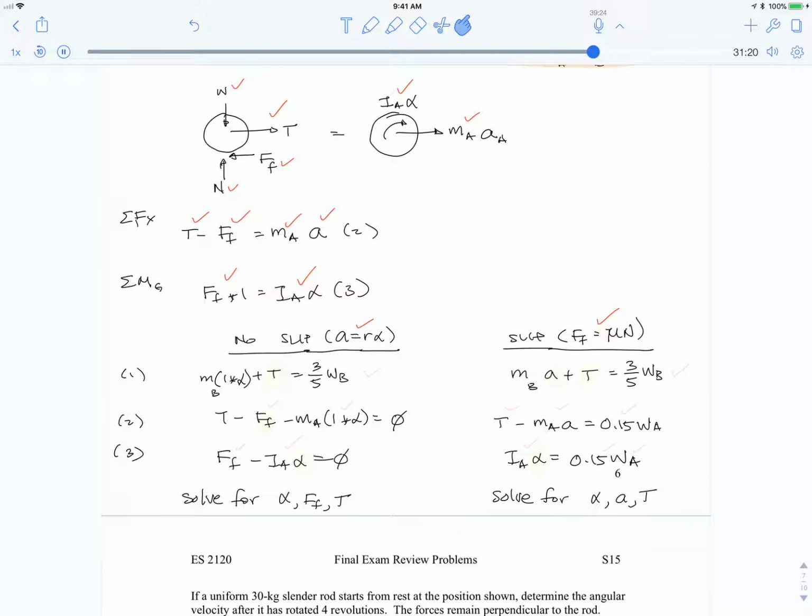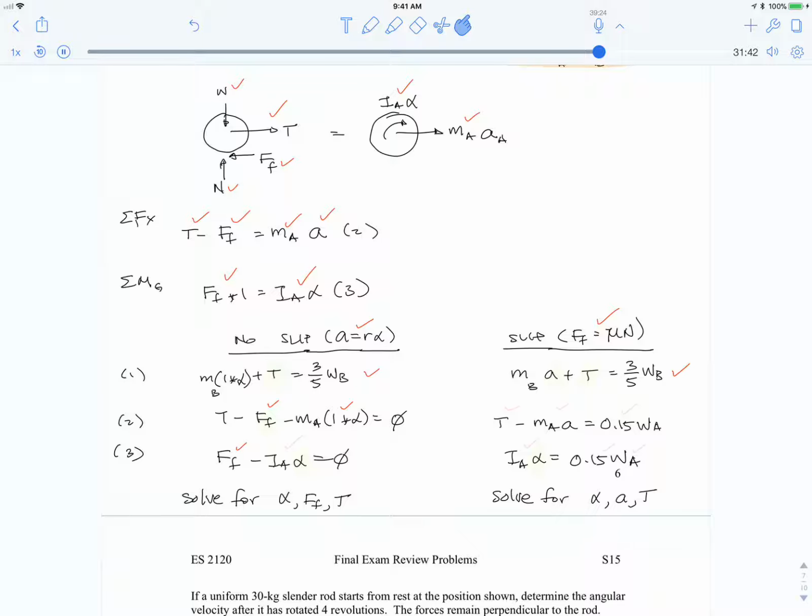Here's the equation from the block. That's the same for both. For the disk, if it's not slipping, this friction force is unknown. And in equation 2, we put in for A, R times alpha. That way we reduce an unknown.